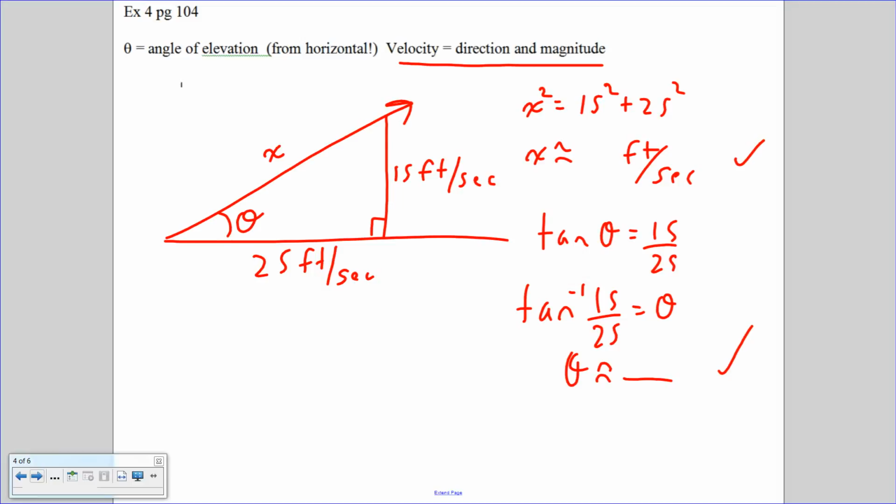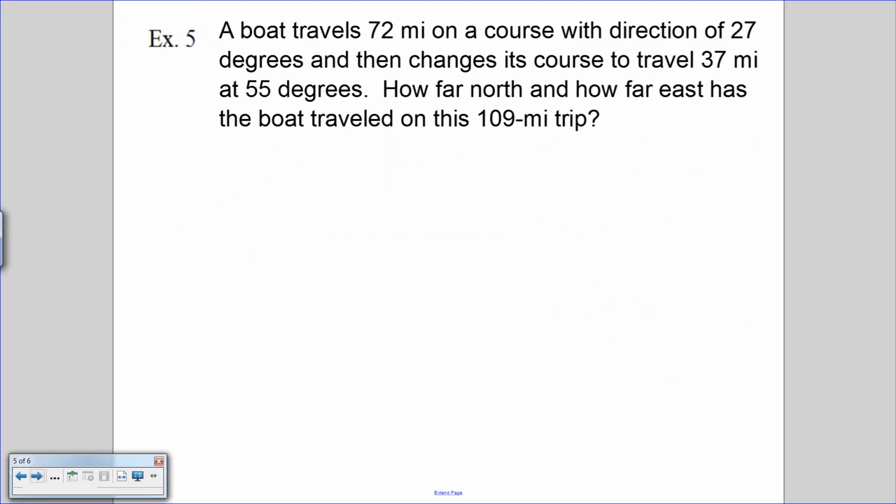Looking at the last problem, this is example 5, and we just want to read this and make sure that we can set it up correctly. And so again, we're going to take it one step at a time. Turns out to be kind of a lengthy problem, but lengthy in terms of tedious, not necessarily difficult. And so we're going to chug along on this problem one step at a time, and then we're going to go ahead and solve it.